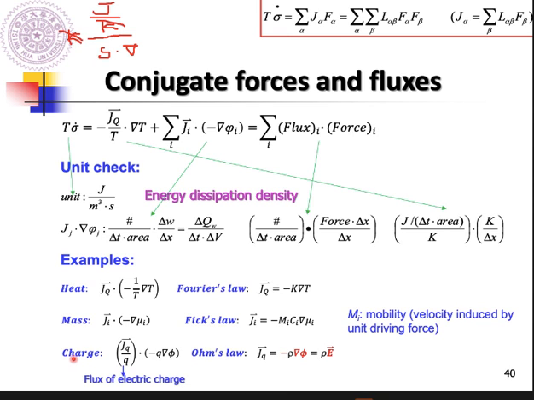And about the charge or electrical flow, for the flux, probably it is the current density. Current density, you need to divide it by the charge, right? So you can know the flux of how many electrical charges flow through your plane of interest in a specific time period. But this is a flux, right?